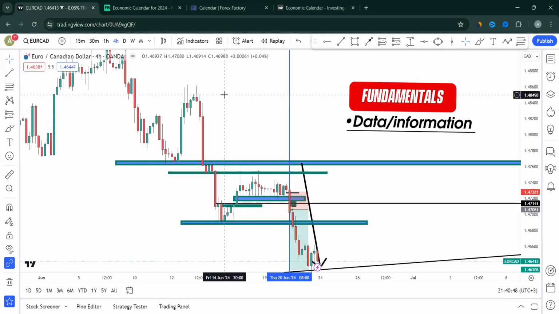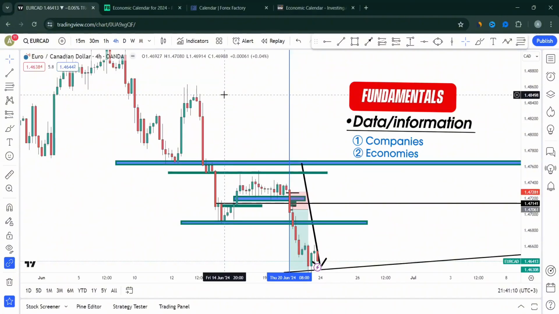When you come to fundamentals, we're working with what we call data or information. Now, this information or data is gotten from either, one, companies, or two, economies of countries. Now, why am I saying companies? Also, most of us trade stock indices like NASDAQ, Dow Jones. When you go to Asia, we have Nikkei. When you go to the Australia side, we have the Aussie 200 and the rest. In Europe, we have UK 100.